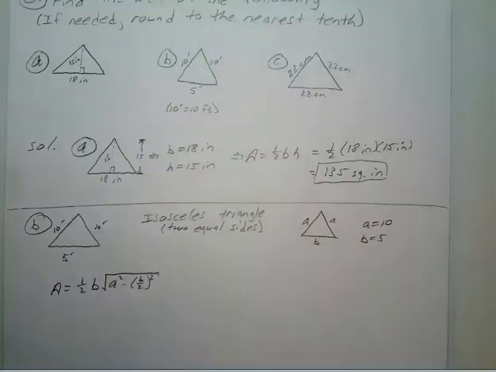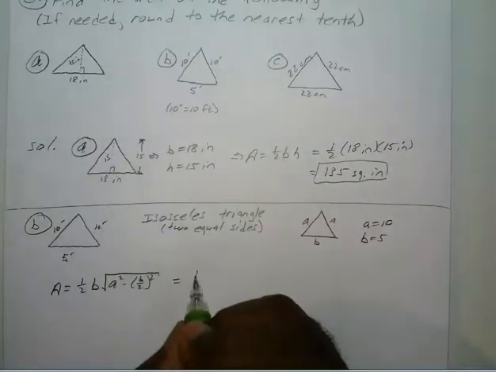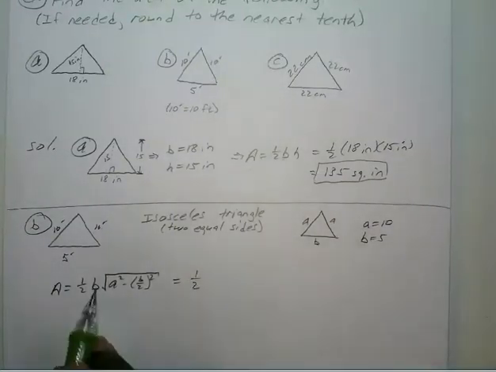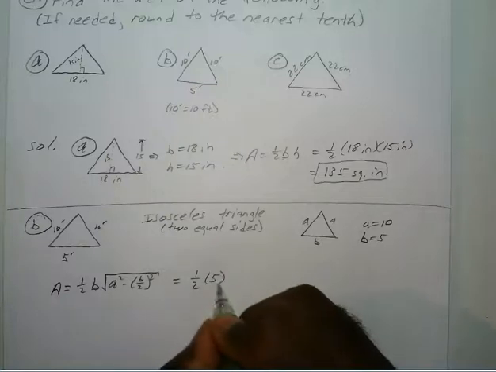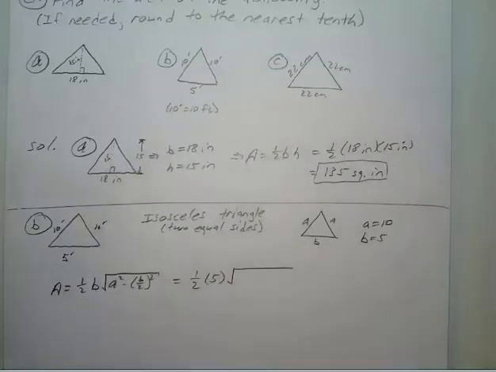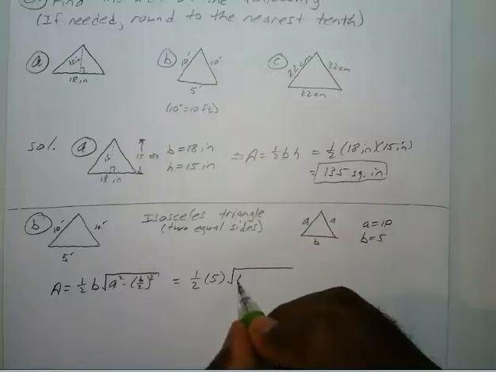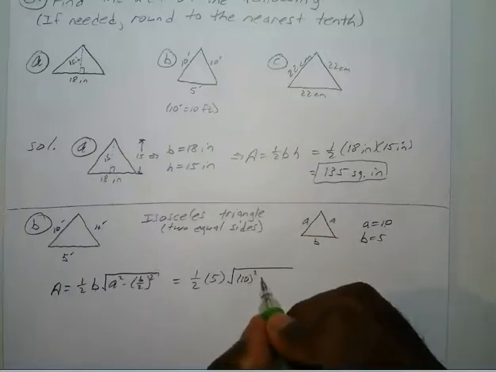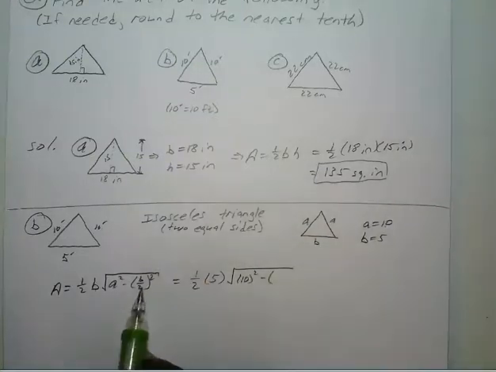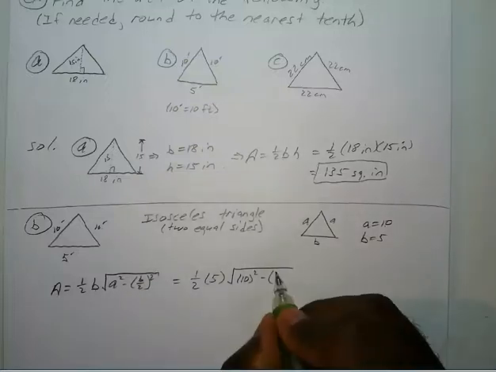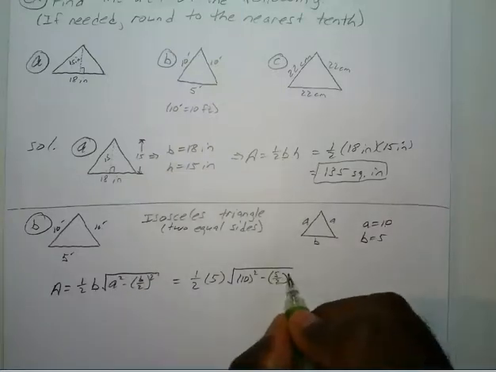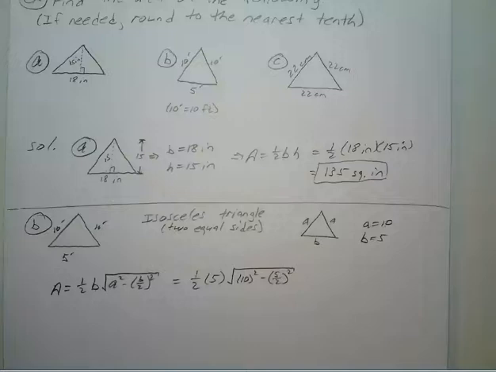Okay, so we go ahead and we replace every B with 5 and every A with 10. Okay, so that's 1/2 times 5 times the square root of A squared, so that's 10 squared, minus B divided by 2, so that's 5 divided by 2, squared.